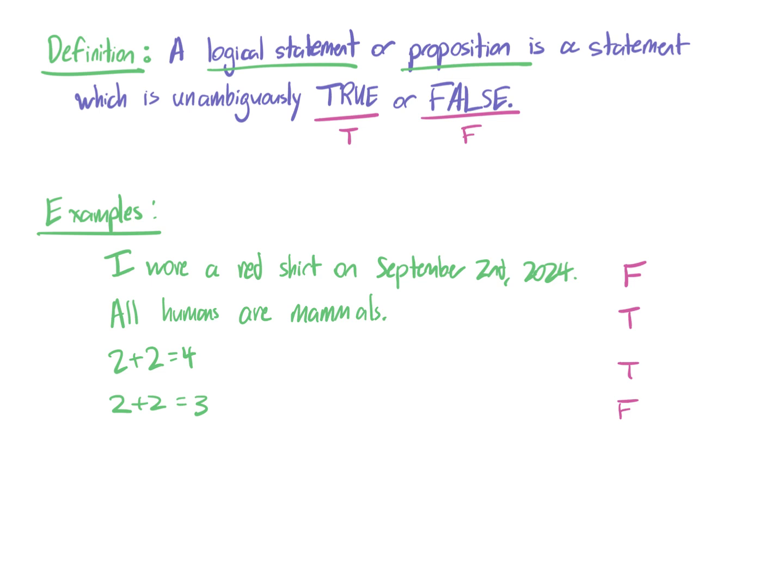You can think about them a lot like Boolean variables that you would have encountered in a programming language like Python or Java. There's a few things that can kind of look like logical statements that aren't. So I'm going to call these non-examples. So here's something that kind of looks like a logical statement, but it isn't.